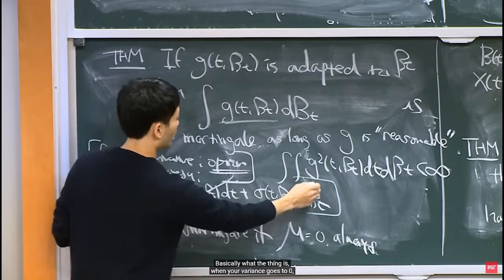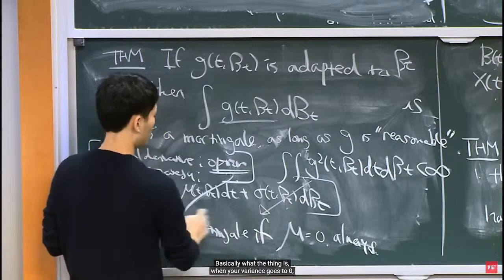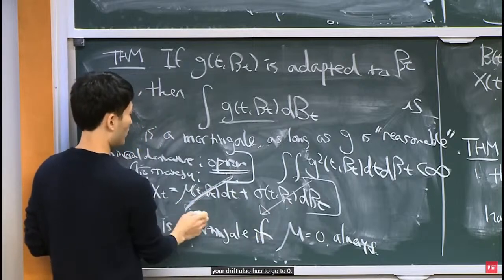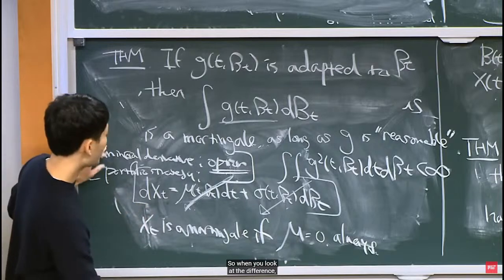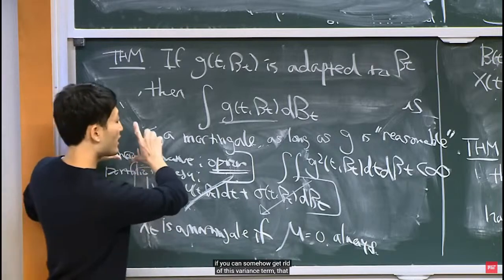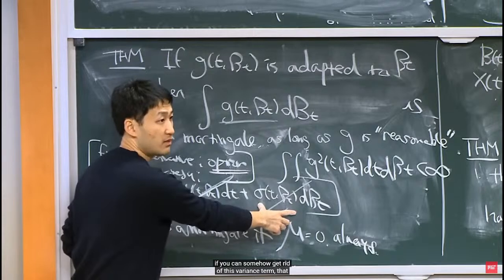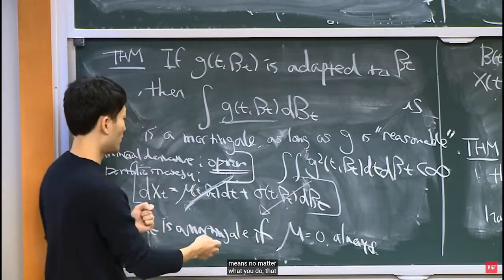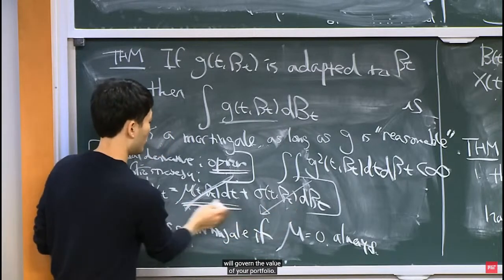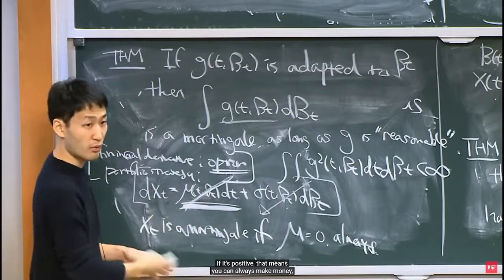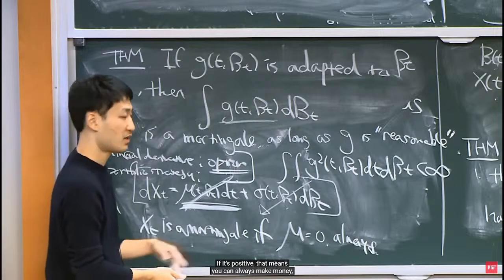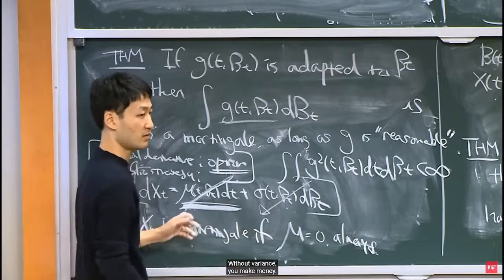Basically what it's saying is, when your variance goes to 0, your drift also has to go to 0. So when you look at the difference, if you can somehow get rid of this variance term, that means no matter what you do, the drift will govern the value of your portfolio. If it's positive, that means you can always make money because there is no variance. Without variance, you make money.